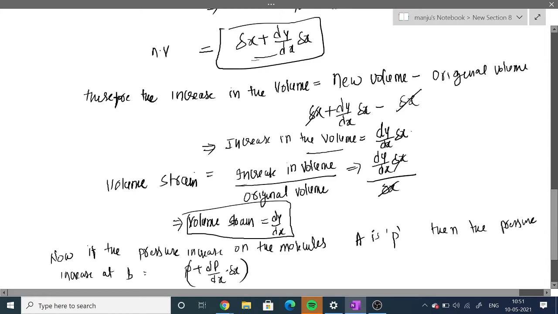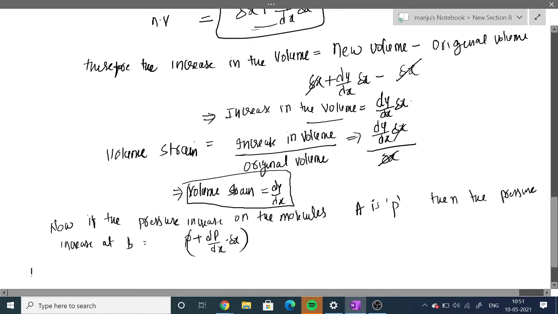Okay, this is the same as how we considered the displacement there. So these two pressures, we have seen that there is definitely a difference in the pressure.